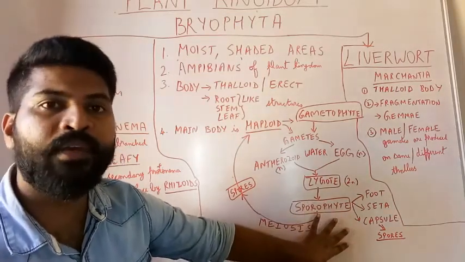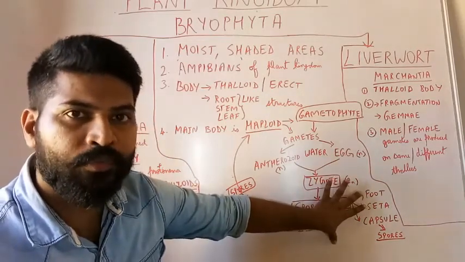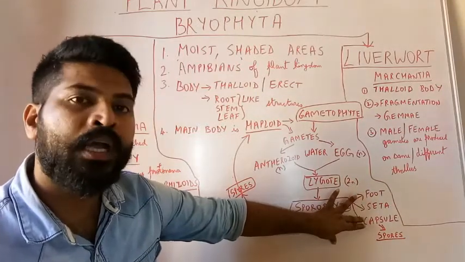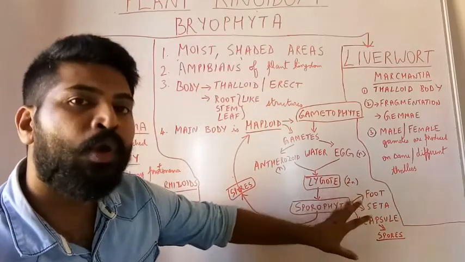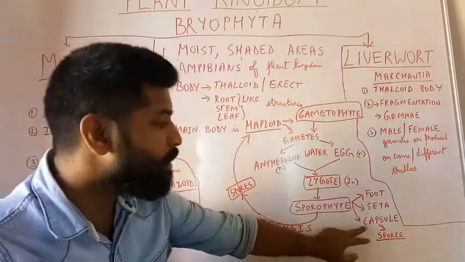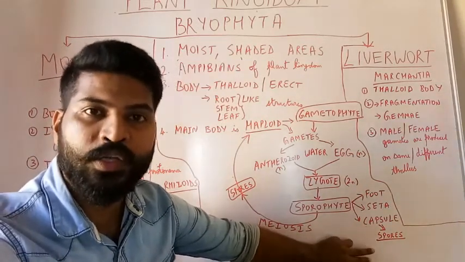The sporophyte can be differentiated into a basal foot portion, a middle seta and an upper capsule portion. This could be poorly developed or well developed. The capsule is the structure which produces the spores.